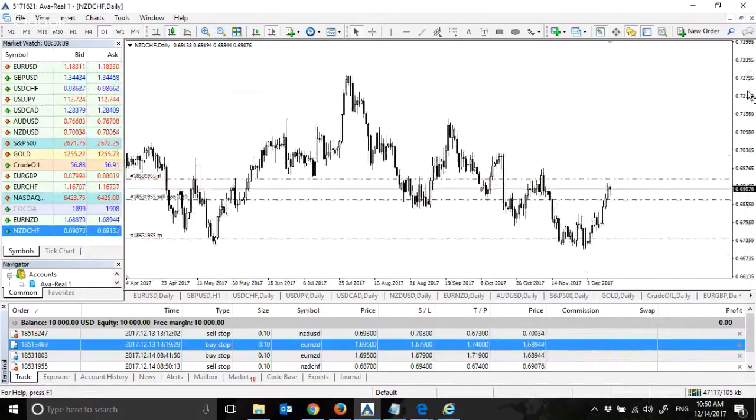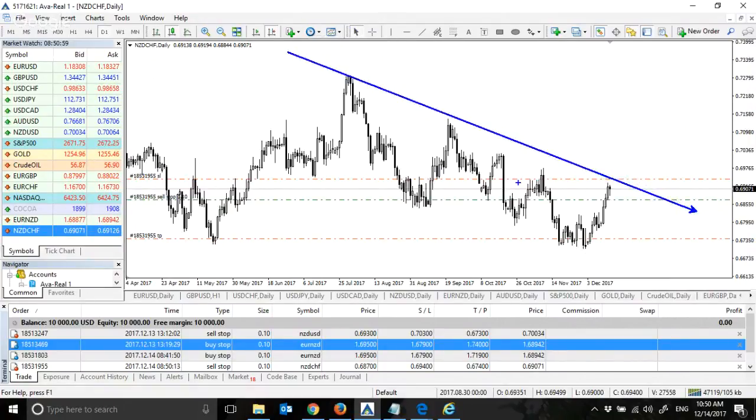Let me repeat again, and I will go from the end to the start in order to summarize this segment. Today I placed a new order in New Zealand dollar versus the Swiss franc, a sell position, and the idea is back to its downward trend.